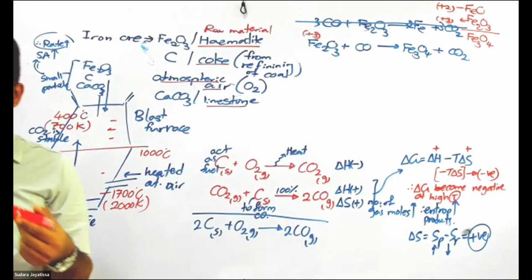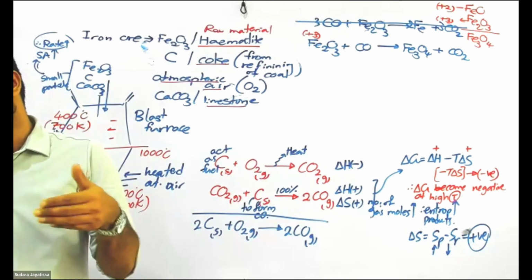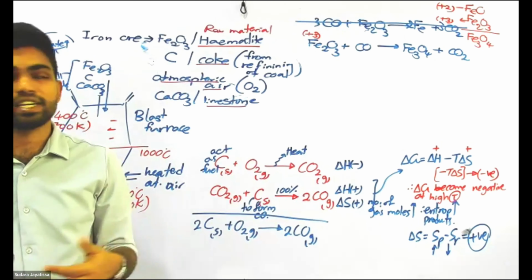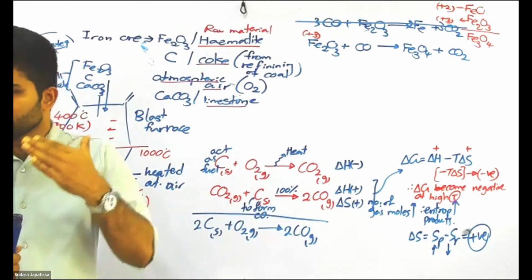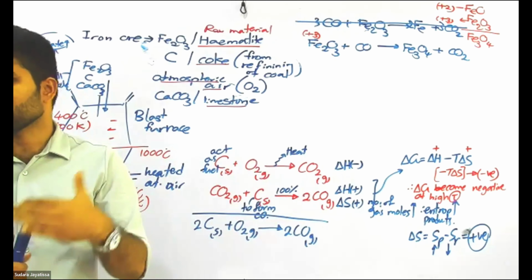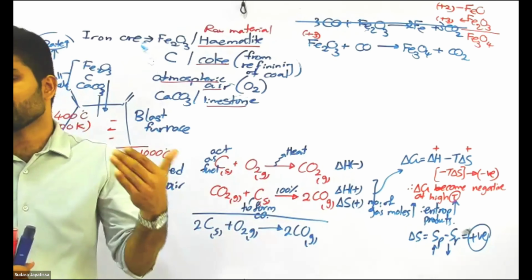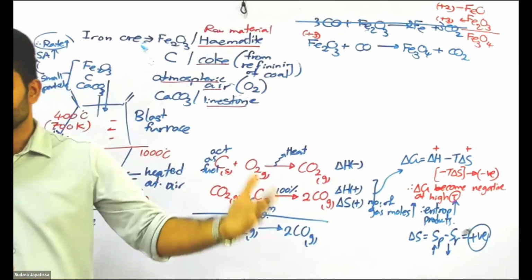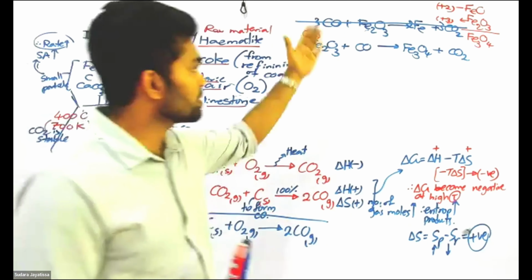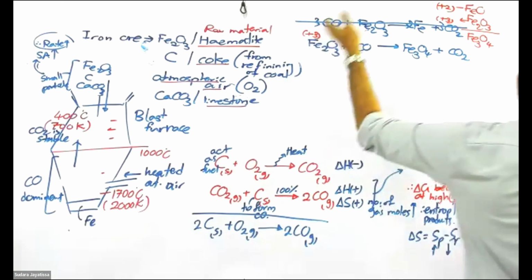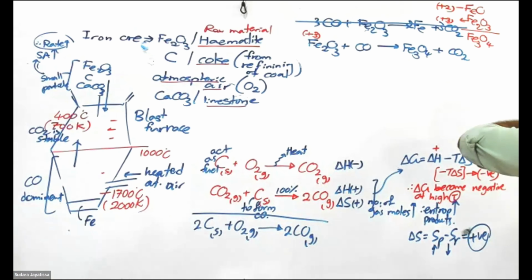That's why the formula is Fe3O4. We call it ferroso-ferric oxide. Ferrous means +2, ferric means +3. Understood? This is ferric oxide. Now ferric oxide becomes ferroso-ferric oxide.